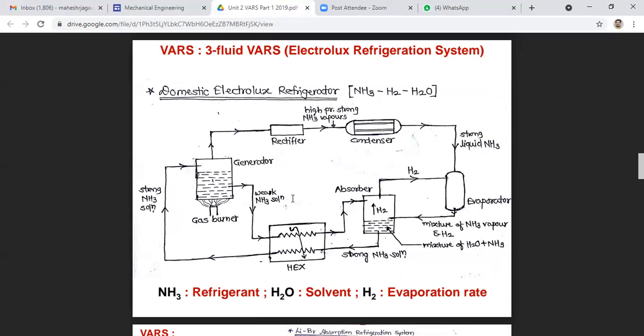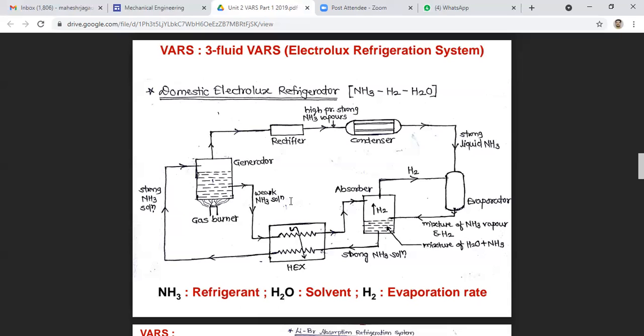Hydrogen being the lightest gas, it is used to increase the rate of evaporation of liquid ammonia passing through the evaporator. Hydrogen is non-corrosive and insoluble in water, so it is used on the low pressure side of the system. Water is used as a solvent because it has the ability to absorb ammonia. So we are using the three fluids.